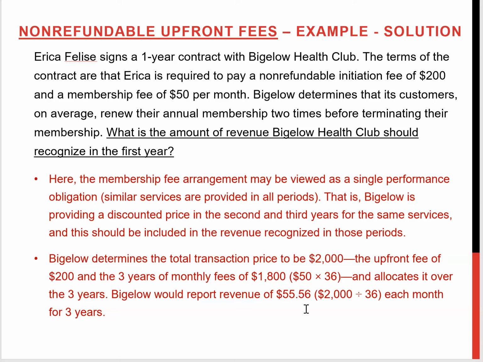Each month on average we should record $55.56, and we'll record it for the first year based on $55.56 per month. This is how we usually adjust for the upfront fees, based on the monthly fees and the estimation of how long the customer will continue with us.